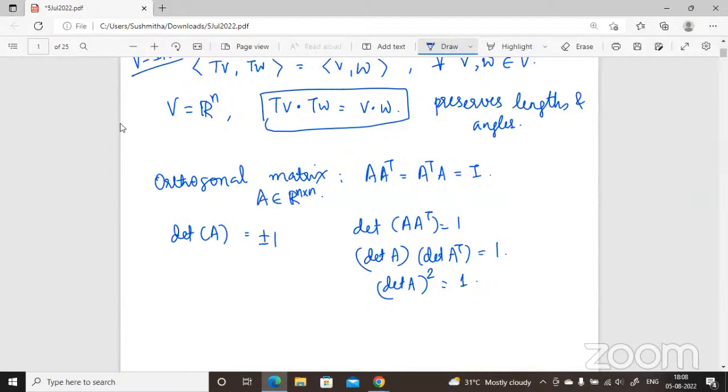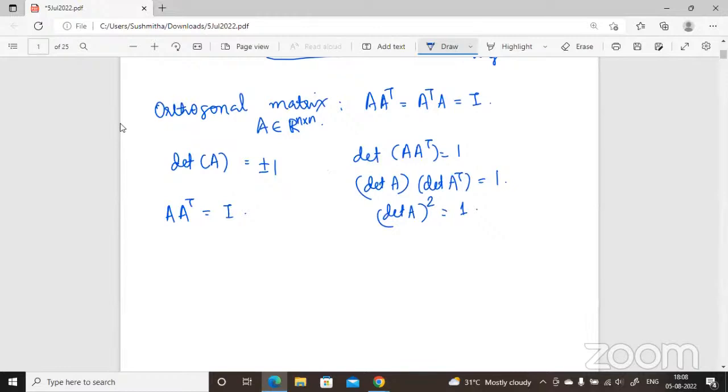Do you remember I had discussed in my live session of this week what it means when A A transpose is identity? The rows are orthonormal.